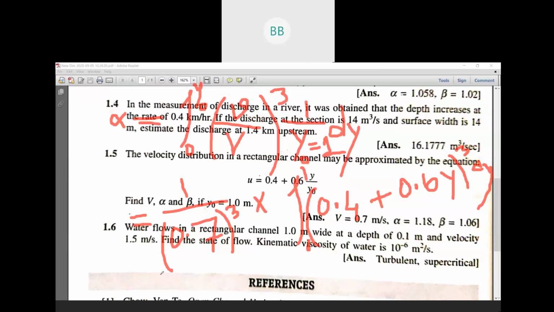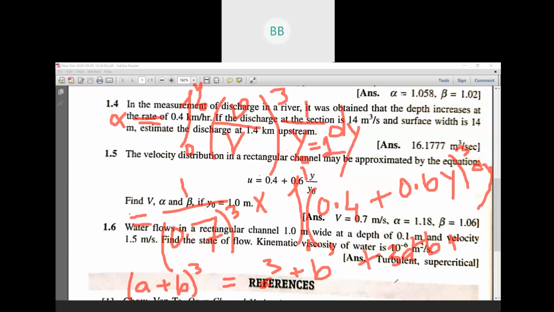We all know it's a cube plus b cube plus 3 a square b plus 3ab square. Okay, no issue. So you have to use that expression before integration, and then go for integration.